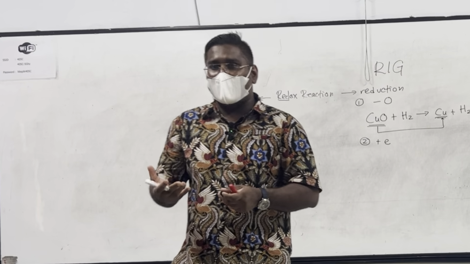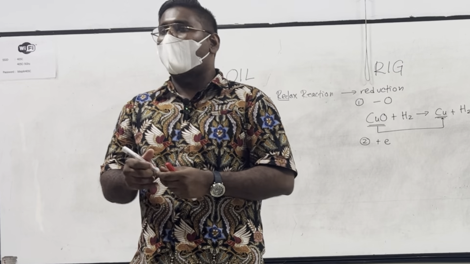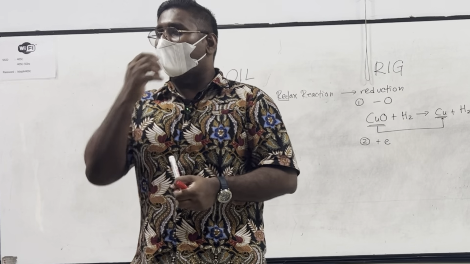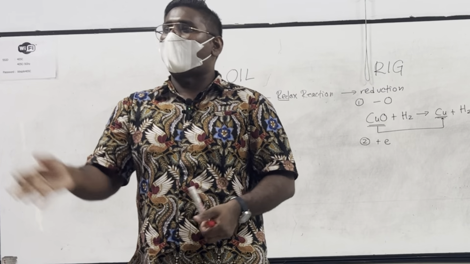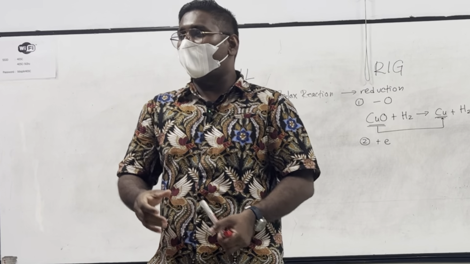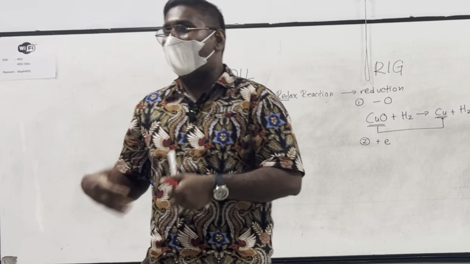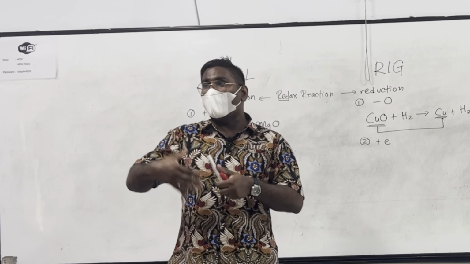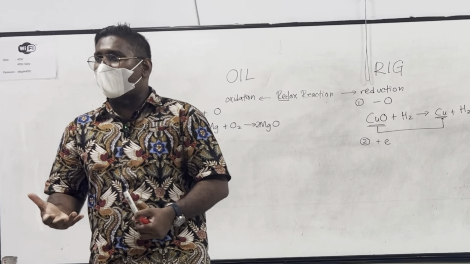A simple way to look at it is by looking at half equations. What are half equations? It's just a part of the equation. Half plus another half will give you a complete ionic equation. In half equations, there will be electrons. Please remember that.